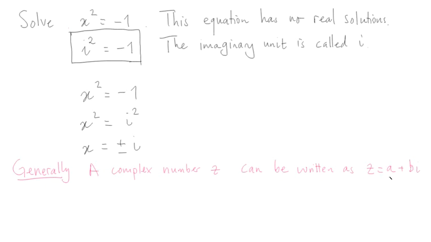So a is what's called the real part, and b times i is what's called the imaginary part. a and b also have to be real numbers.